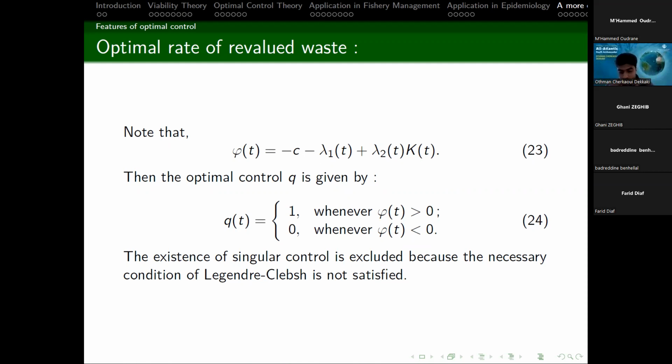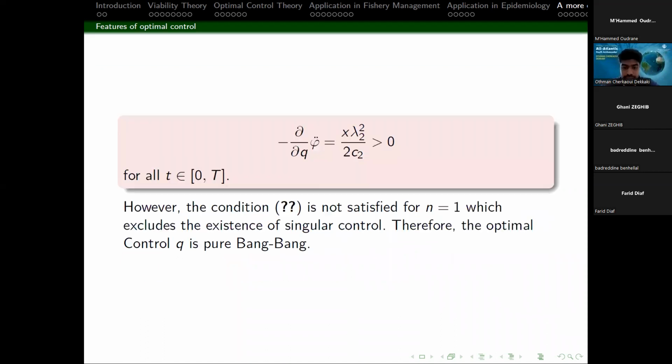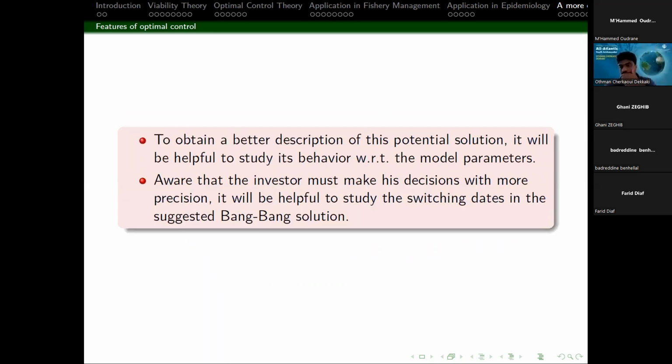And in this case, we show that the singular control condition doesn't exist. And it doesn't exist because of the following. You're gonna state that minus the derivative of phi second with respect to q is positive, it should be negative, and this is why it doesn't exist. But I mean, with anything you can find that it doesn't exist.